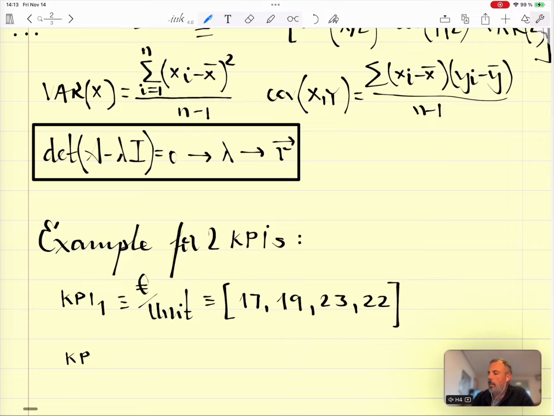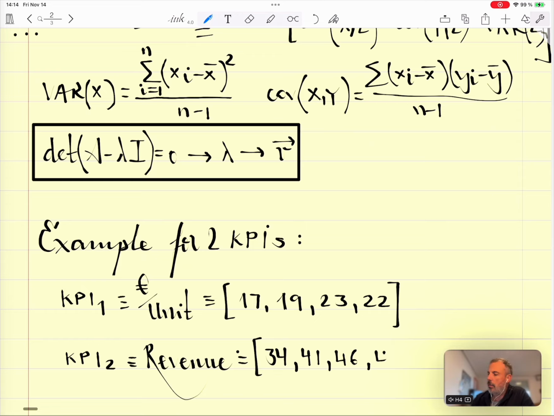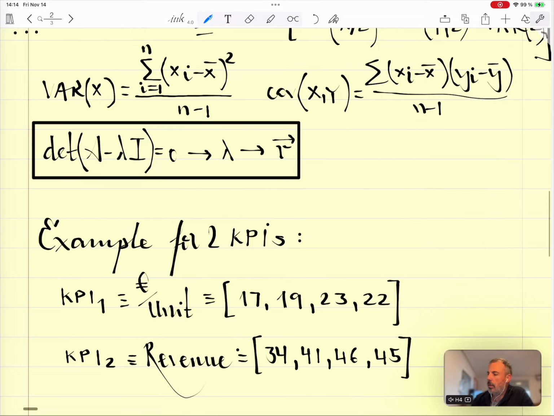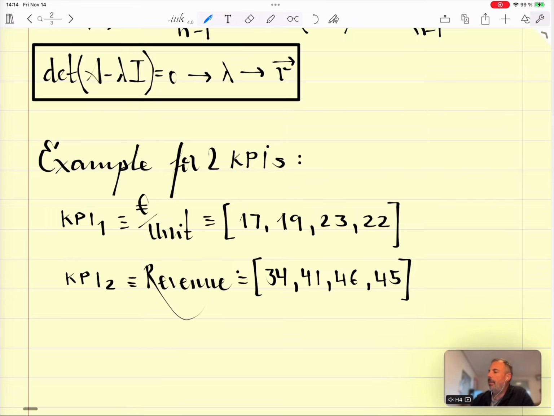And KPI number 2 is the revenue, which could be 34, 41, 46, and 45. Okay, and this is what we are going to call x. This is what we're going to call y.